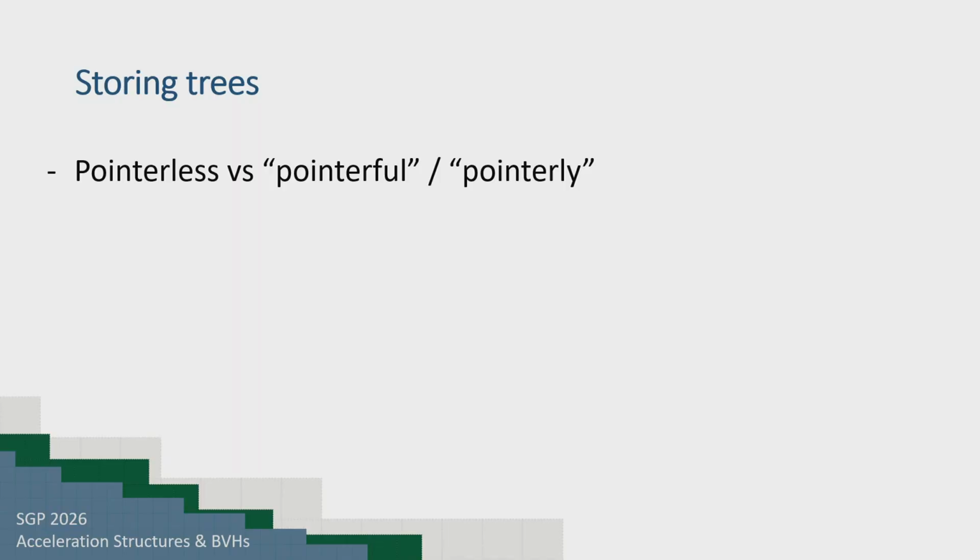So let's talk a little bit about storing trees. One of the things I want to go back to is this idea of storing things in an array. I'll start with the pointerless storage method, and then briefly talk about things with pointers and what I tend to do when I have to do this. I mean, pointerless is nice if you can do it.